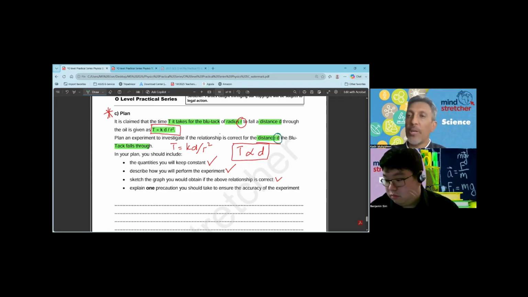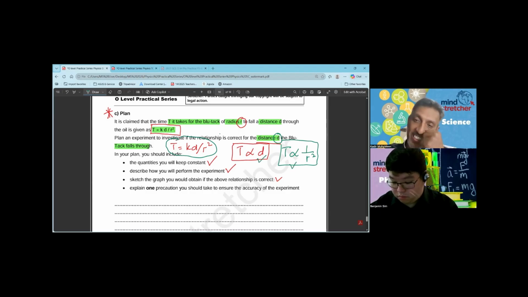Nowadays, if you look at the last few years of O-level questions, instead of just one quantity, they say whether the relationship between the time that it falls and this is correct. So you may actually have a situation where you need to investigate this and this. This is the recent trend.